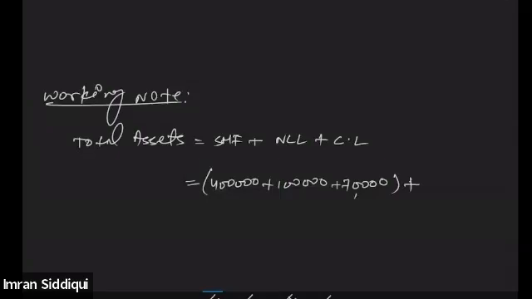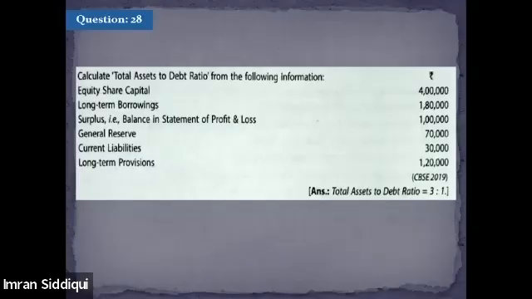Then talking about the non-current liabilities, we will include long-term borrowings plus long-term provisions, 3 lakh. And the current liabilities as well, which is given as 30,000.